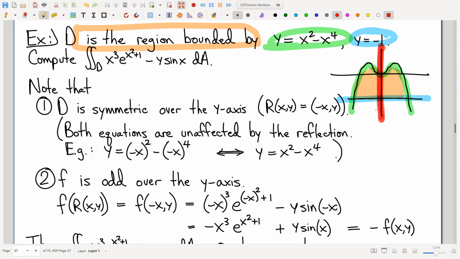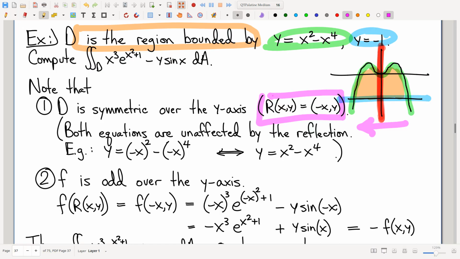If you'd like to see an algebraic take on this, notice that a reflection over the y-axis has this formula, right? A point here, when you reflect over the y-axis, turns into a point that has the same y-coordinate. But when you do this reflection over the y-axis, the x-coordinate is going to get negated. So there's your reflection formula.